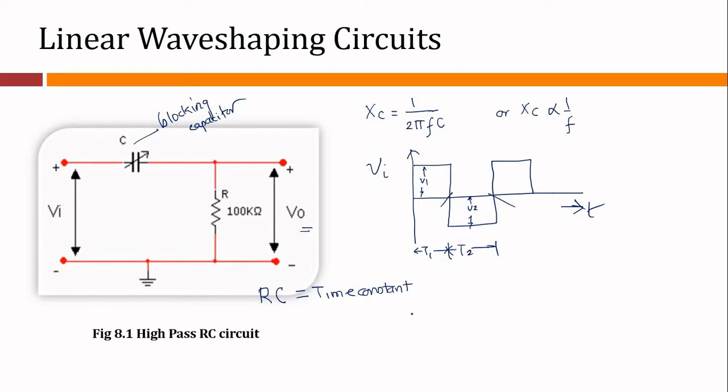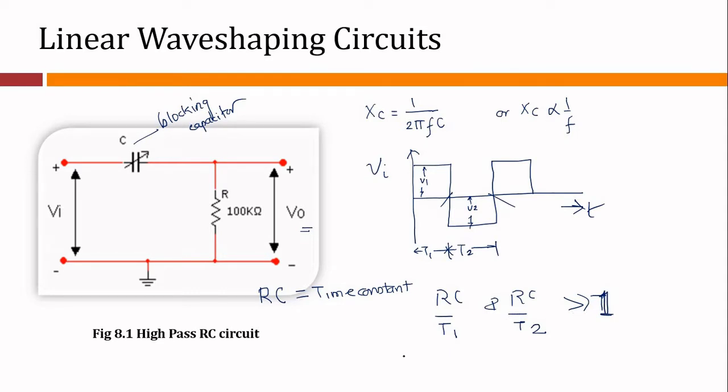Fine. If RC by T1 and RC by T2 are very large in comparison with unity, very large with respect to time period T, then the output will be identical to the input waveform.